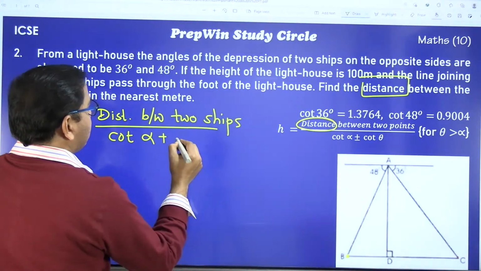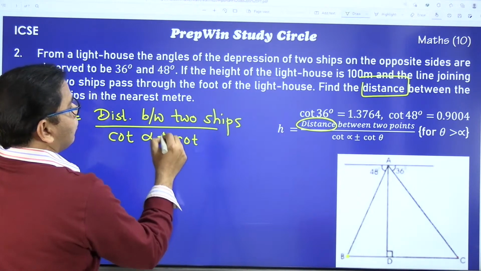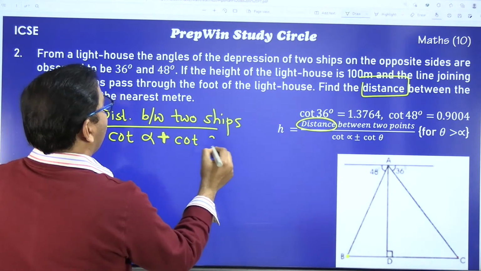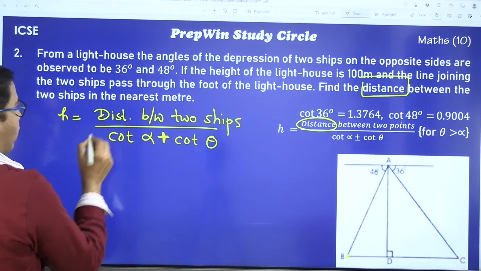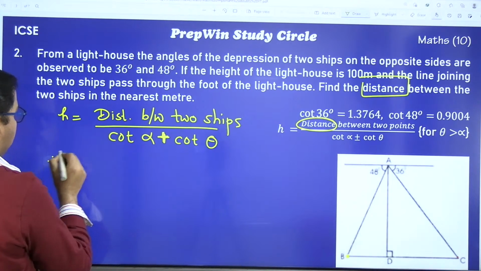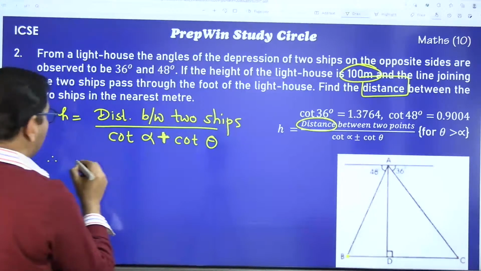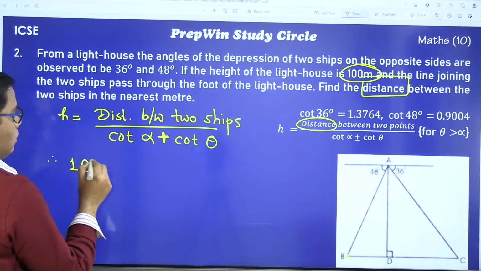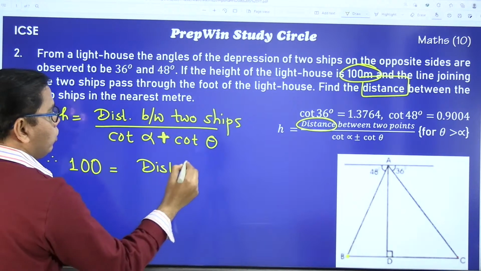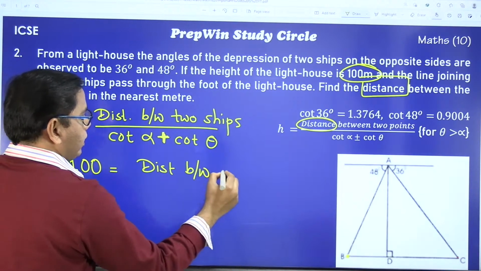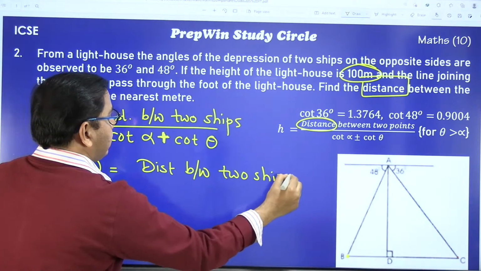Since they are on the opposite side, we are going to use the formula of plus cot theta, right? So let us substitute height. Here the height of the lighthouse is given as 100 meter. So height is 100. The distance between two ships is what I am interested in, right?